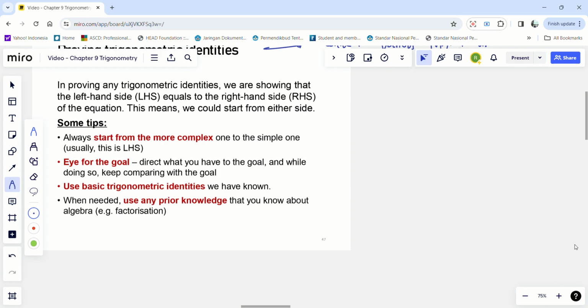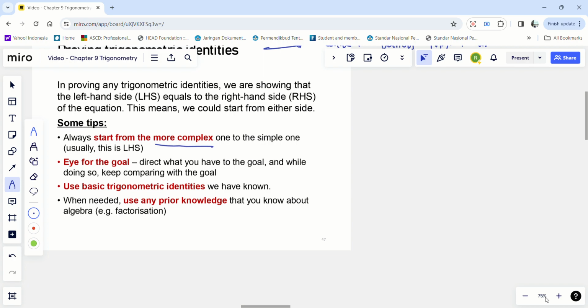Some tips before we go on with the examples. Whenever you deal with trigonometric identities, you will see that some of them are simpler and some of them are more complex. So whenever you want to prove one identity to be the same as the other one, you always want to start with the more complex one in general.